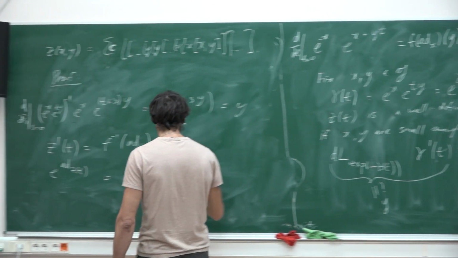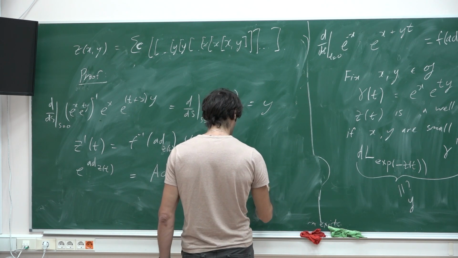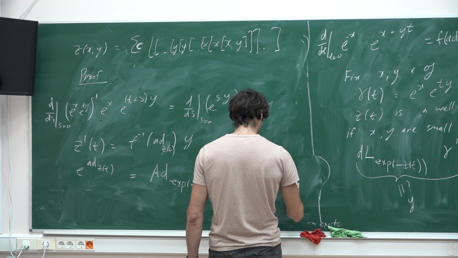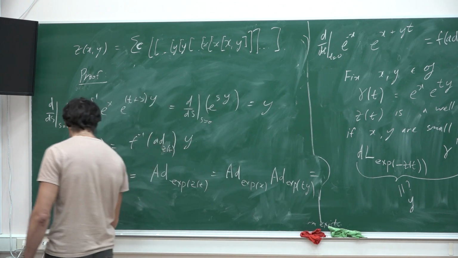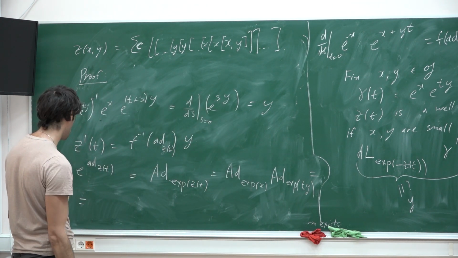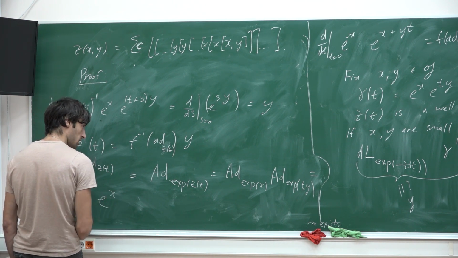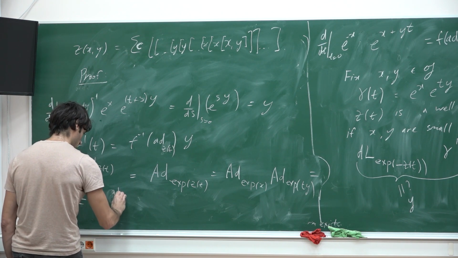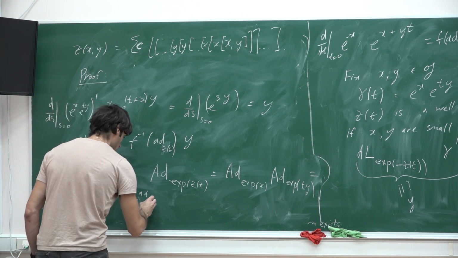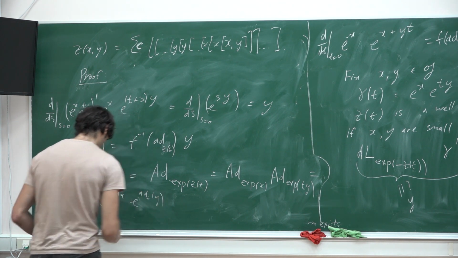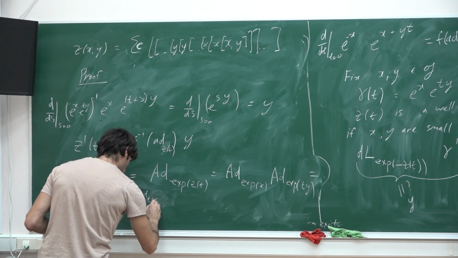So this thing is actually ad exp of x ad exp of ty. But let me go back and apply functoriality of the exponential again. This is e to the ad x, e to the ad ty.